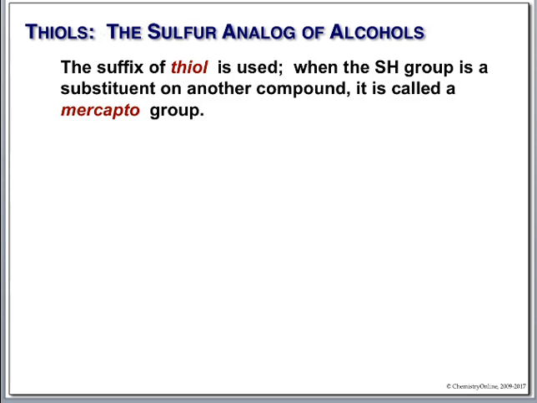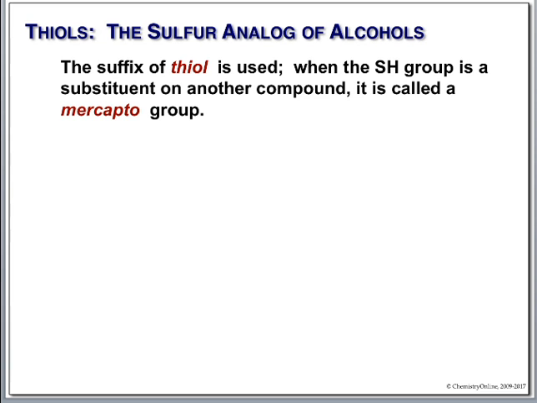All right. Let's finally, we're talking about alcohols. If you look on the periodic table, what's directly under oxygen? It's sulfur. An alcohol is an OH group. A thiol is an SH group.